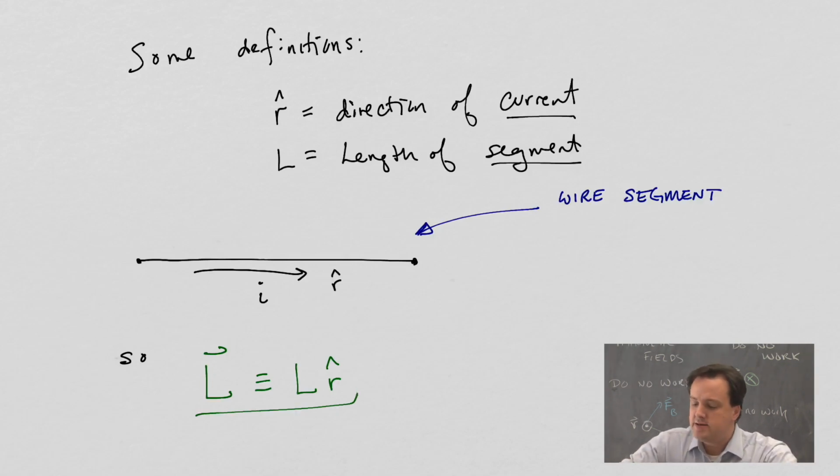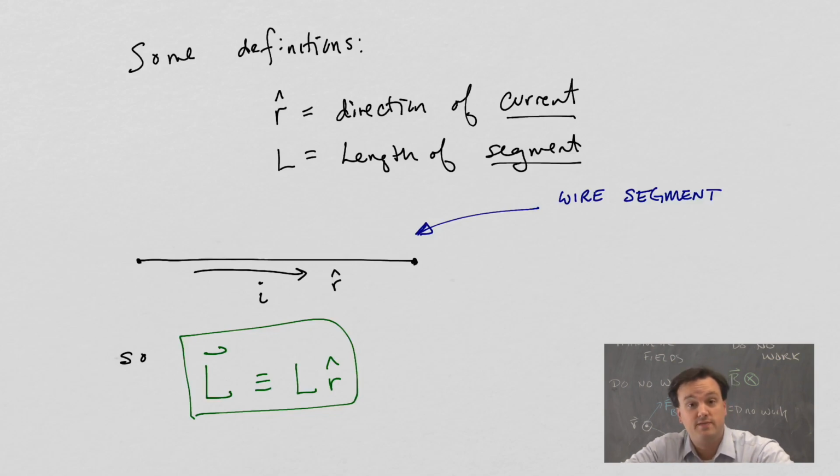What the vector capital L is, is a combination of the information about the length of the segment, and of course when I write down this vector L, I'm assuming that this segment is straight. So this works for a straight wire, not a curved wire at this point. But I have a straight wire of length L and a current direction, which I'm calling r hat.